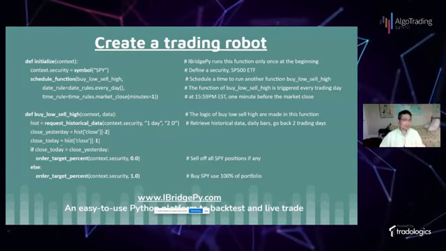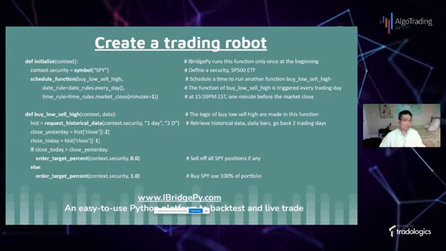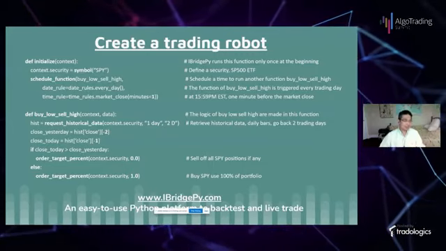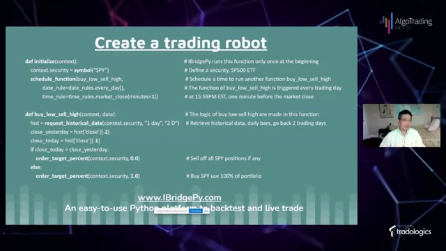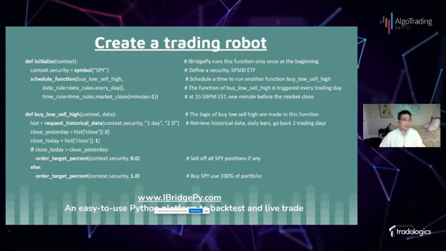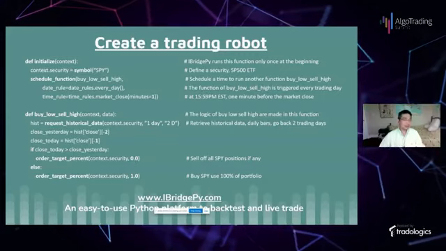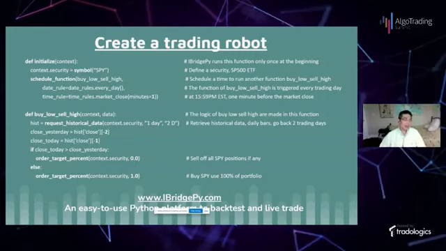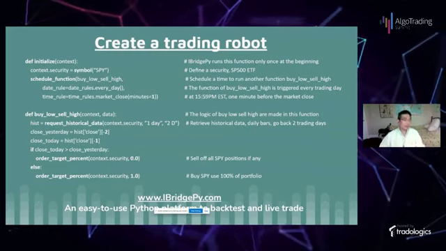Based on my analysis, if today's close price is higher than yesterday's close price, which means the price went up, I don't want to hold any position. If I have any position, I just want to sell off all of it.